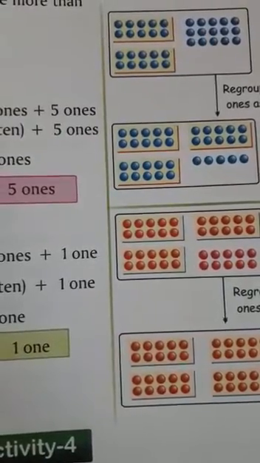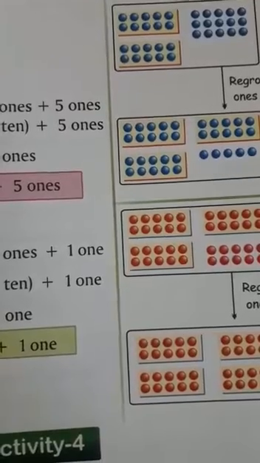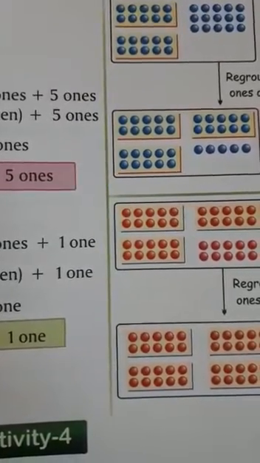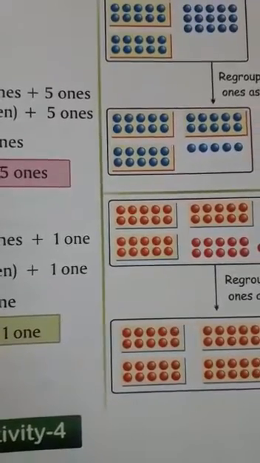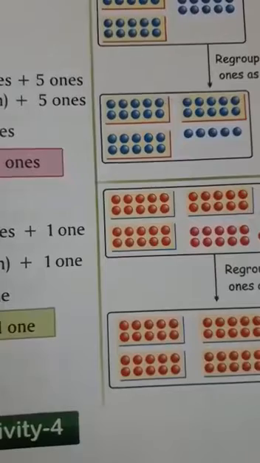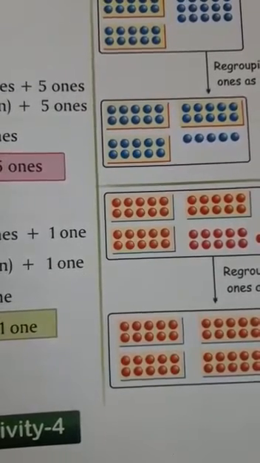First they were 2 groups of 10, and now from the 15 loose, I have converted one more group of 10, like here. One group, two groups and three groups, and 5 left that are loose, means at the ones place.